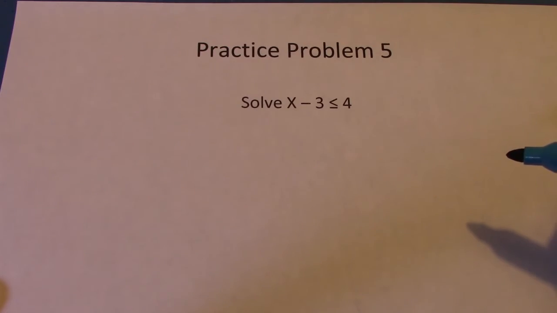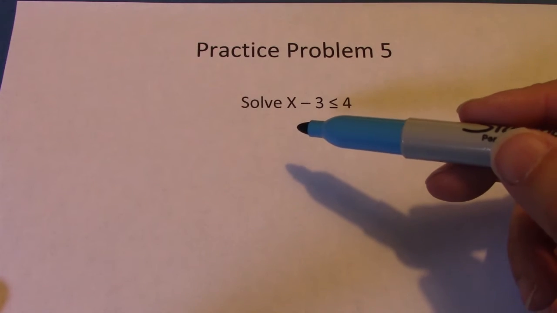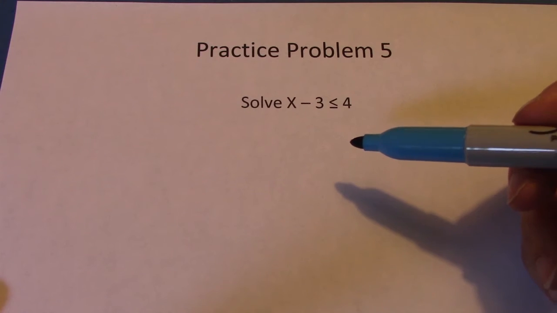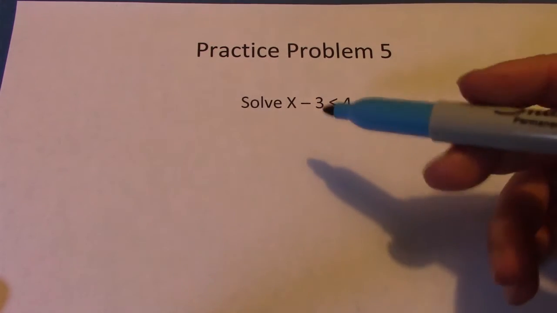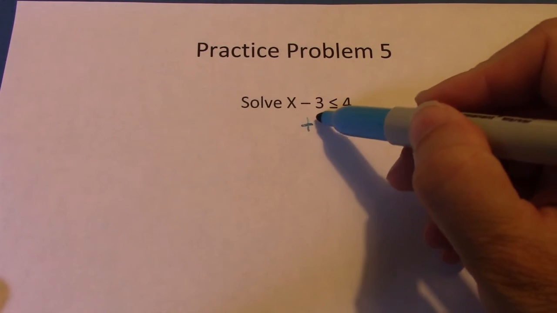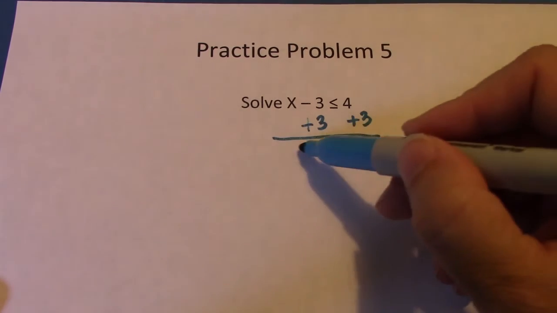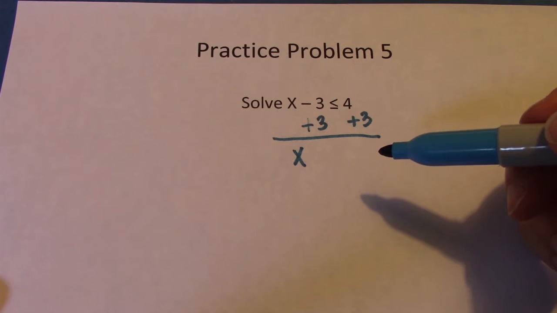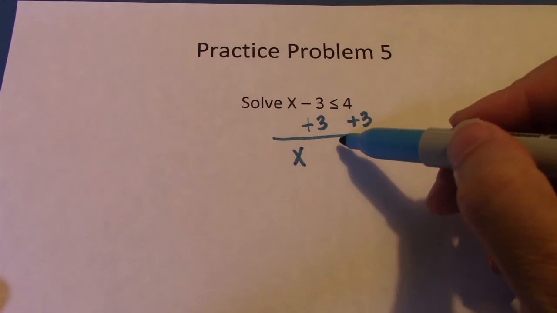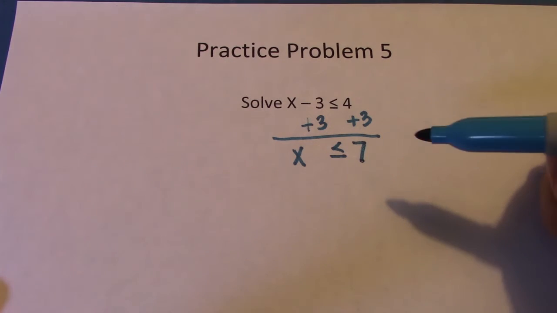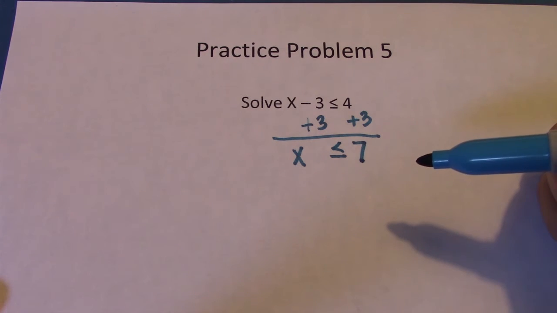Problem 5 would like us to solve for x, where x minus 3 is less than or equal to 4. So we just need to get x all by itself, and x is having 3 subtracted from it, so we'll add 3. That does leave us with x all by itself on that side. 4 plus 3 is 7, so x is less than or equal to 7.